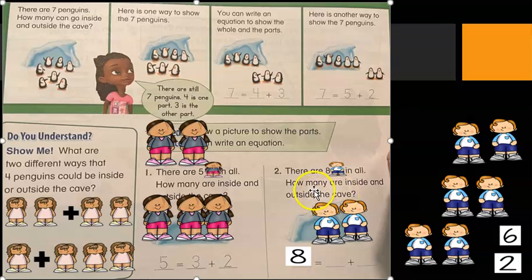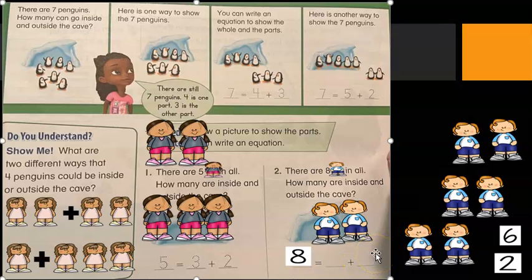Now, first graders, there are 8 boys in all. How many are inside and outside the cave? Now look, 8 is already here because that's the answer there, 8. So we have to put it on the outside. There's our equal sign. There's our plus sign. We need a number here and a number here.